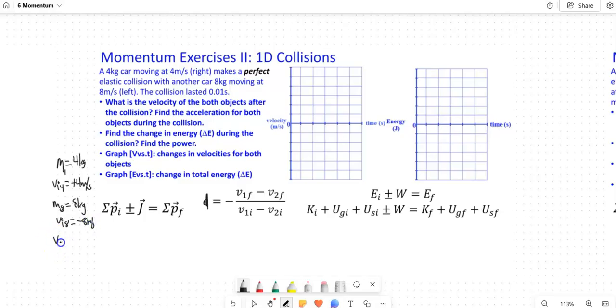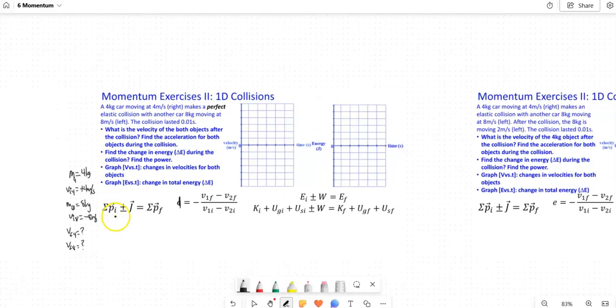We need to find both of the final velocities, for the 4 kilogram car and for the 8 kilogram car. So let's do that first.